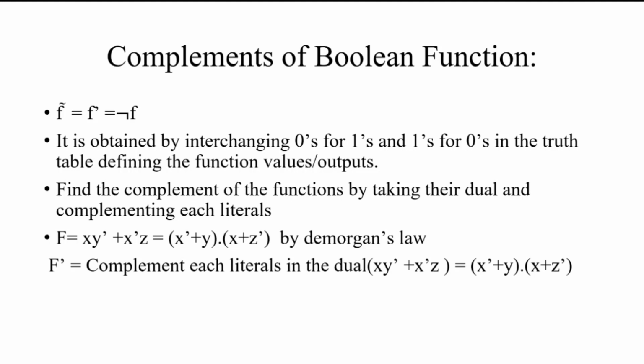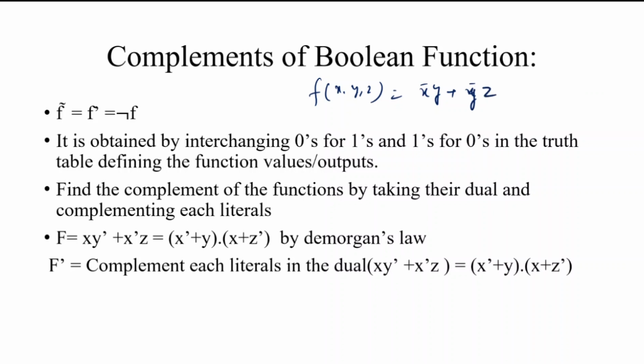Now the question is, what is the complement of a Boolean function and how do we obtain the complement of a Boolean function? These are the symbols that simply denote the complement. When f is a Boolean function represented by three variables x, y, z, it is written as x complement y plus x complement or y complement z.